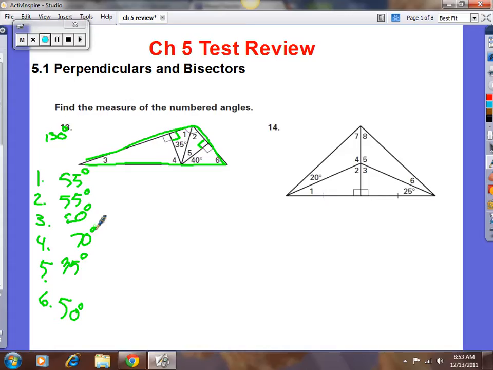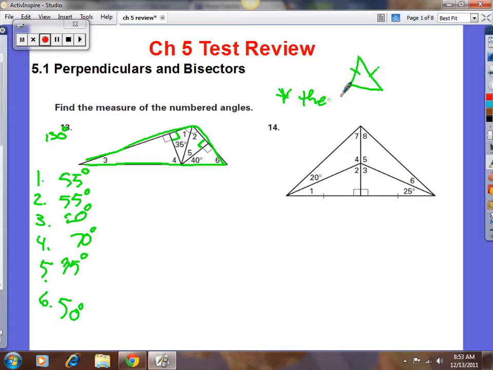Okay, on 14. Draw this above it. Let's draw an isosceles triangle, because this perpendicular bisector is kind of the same thing as an isosceles triangle. Put a little star and write this down.